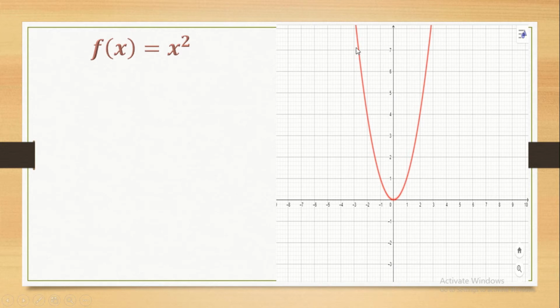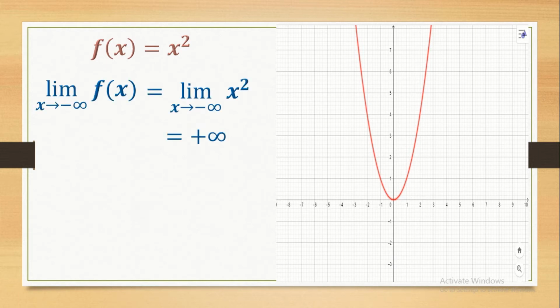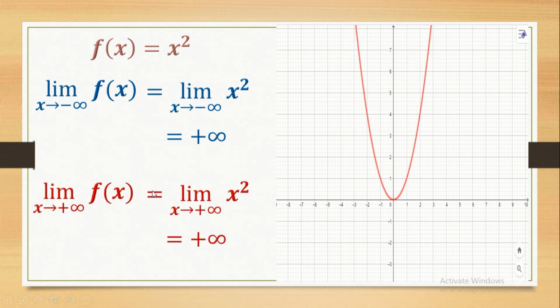Why? Since minus infinity squared will be plus infinity, as a negative number to an even power becomes positive. So we can say in this case that the limit of f of x as x tends to minus infinity, which is the limit of x squared as x tends to minus infinity, is plus infinity. Also, the limit of this function at plus infinity will be plus infinity.